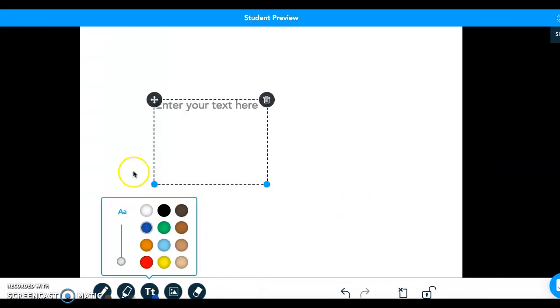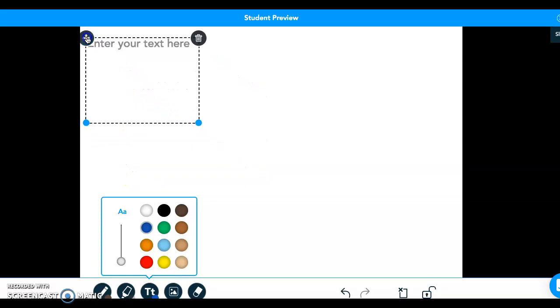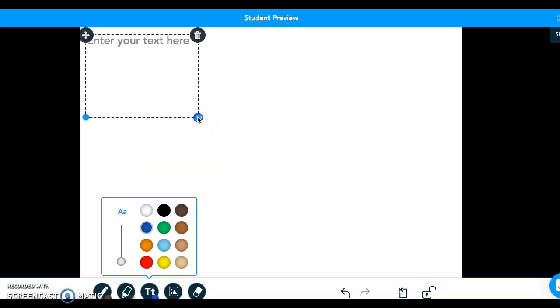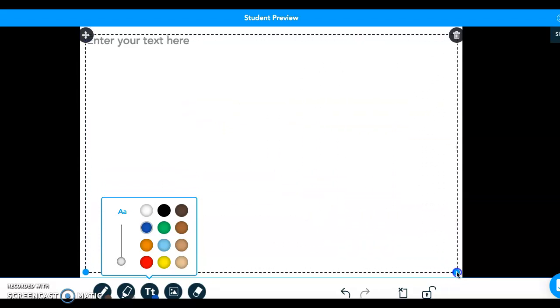So let me get my text box. I'm going to put it up here in the corner and extend it. So we have our first paragraph and we need to indent it, which means create a space there.